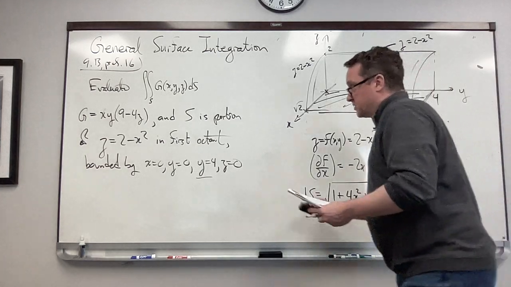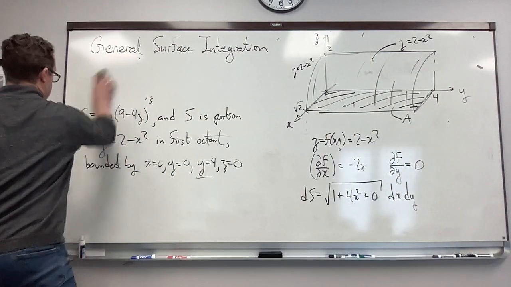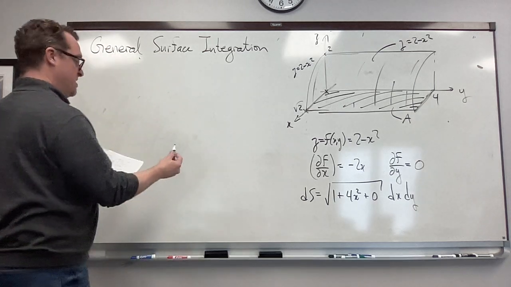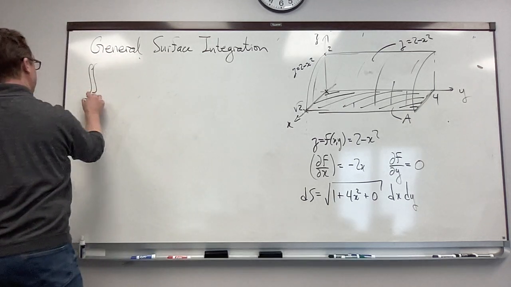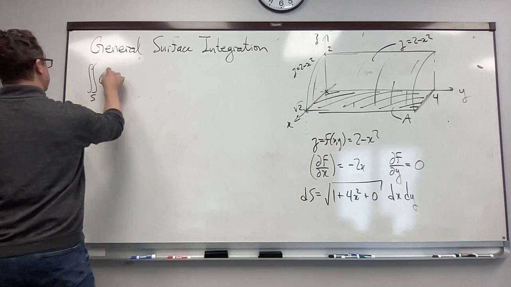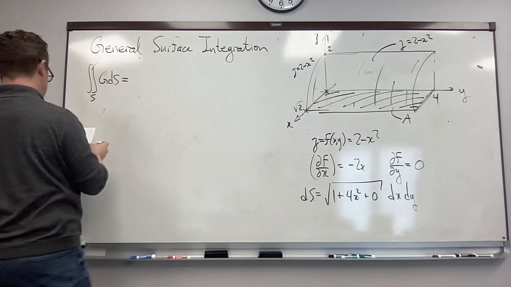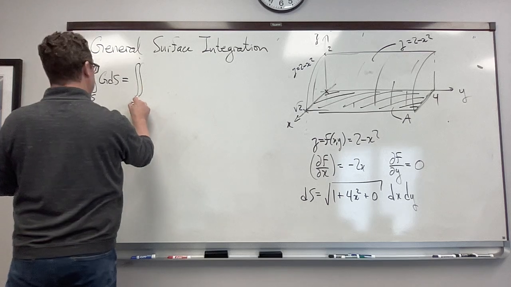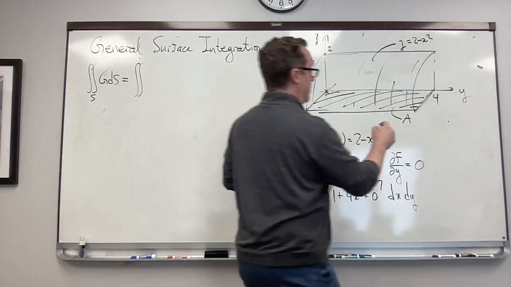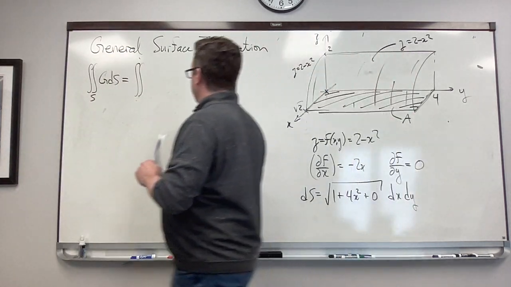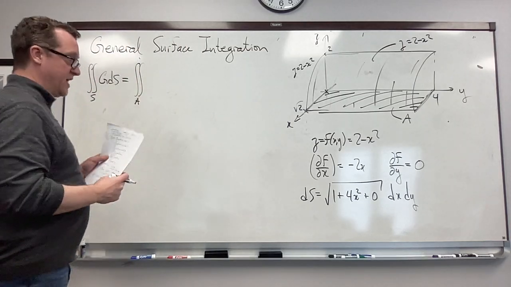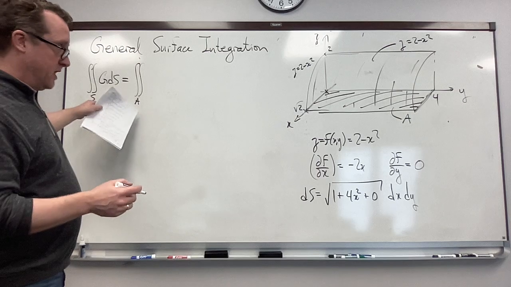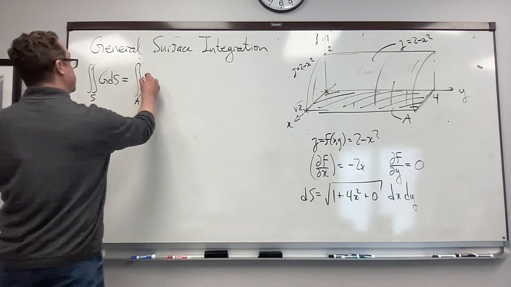Now, let's go over here and just build the integral. So this thing, the surface integral of G dS, we'll call the region A, as I called it here, so we're integrating over the region A. First thing, I erased it, but what was G?